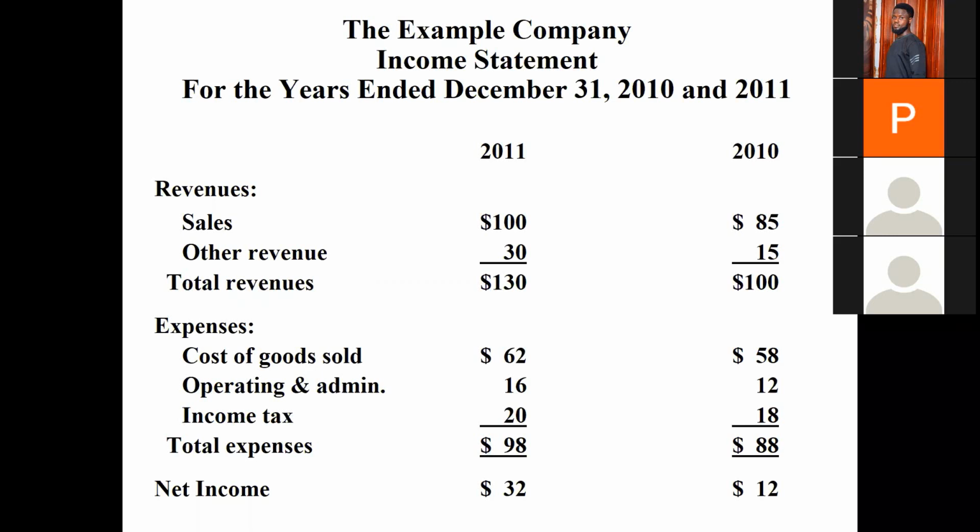Then you less your income tax, then you get your net income. Total revenue minus cost of goods sold, you get your gross profit. Less all expenses and get your income before tax. Less the tax and get your profit or your net loss.